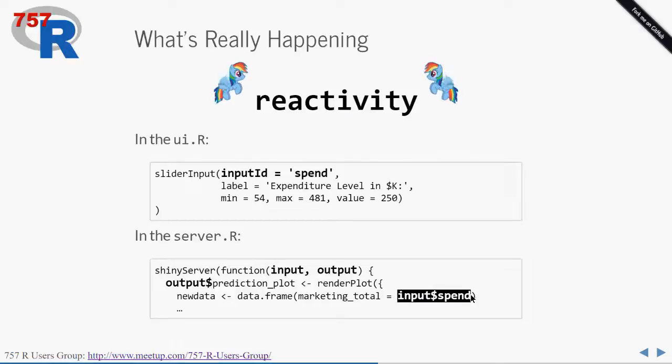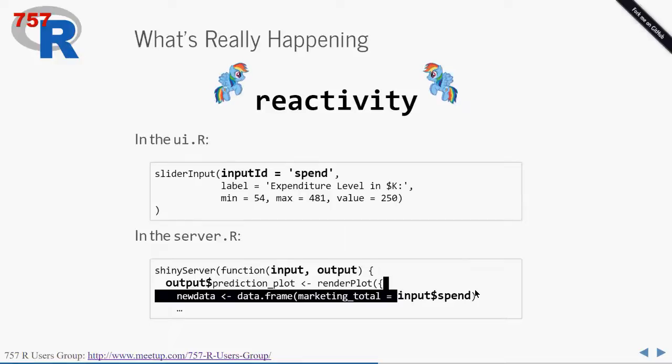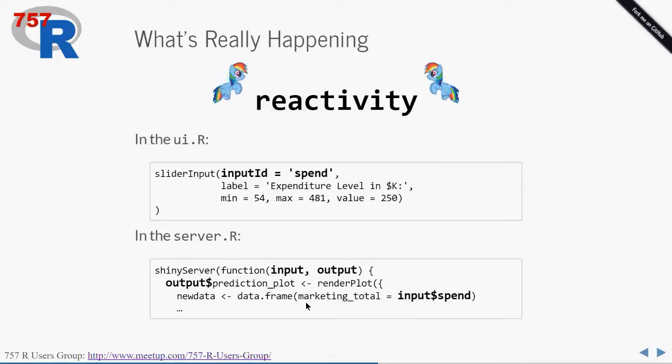And you could think of the client side as input and the server side as output. It outputs things back to the client side. So the slider, whenever somebody changes its value, this value of input$spend changes on the server side and forces the plot to be re-rendered. And that's what reactivity is.